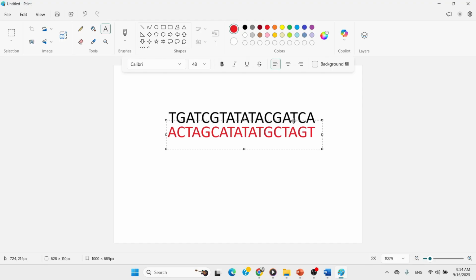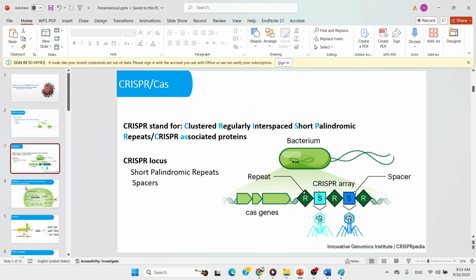And you can see they are complements. This double strand part of the DNA are mirrors of each other. And this part could actually produce this hairpin structure, and between this hairpin we have those spacers. These spacers are snippets of viral DNA that bacteria store to recognize invaders.